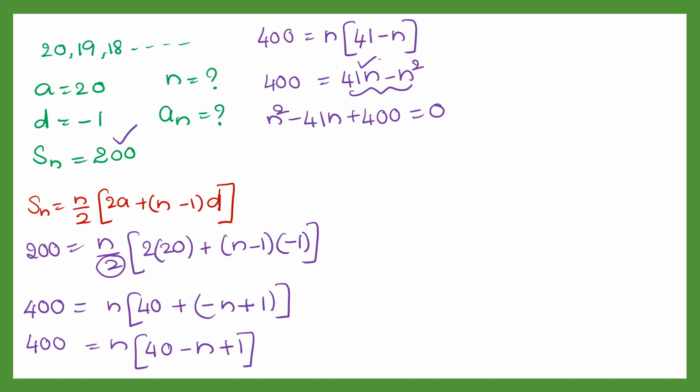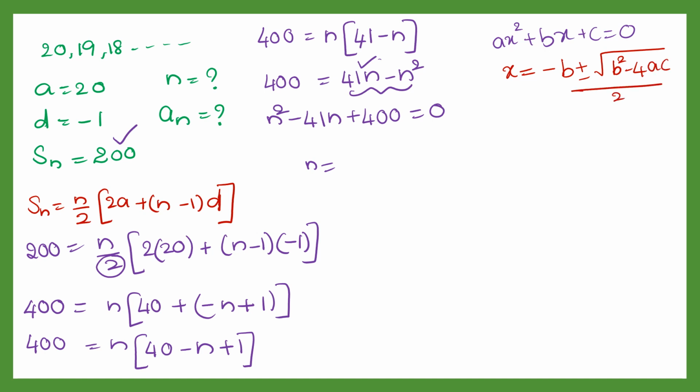What is the quadratic formula? If the equation is in the form of ax square plus bx plus c is equal to 0, we can use the quadratic formula to find the value of x. x is equal to minus b plus or minus root of b square minus 4ac, by 2a.